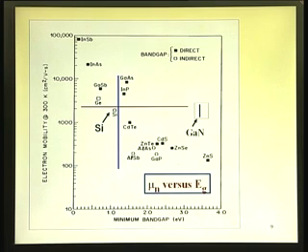You can see here what we are looking for is above this line and to the right, and there are only these two materials, that is gallium arsenide and indium phosphide. Silicon, for example, is here.